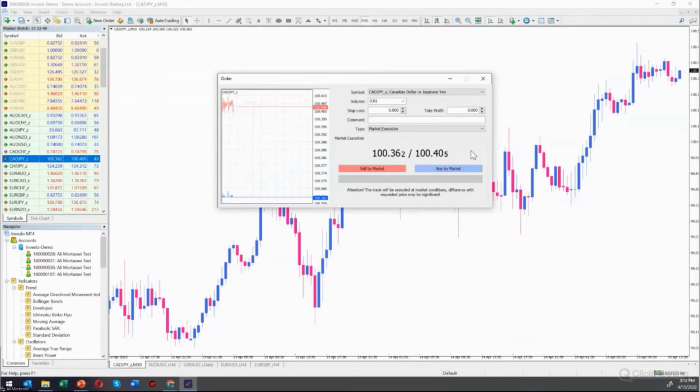But if you prefer to open your position at a very specified price based on your calculation or your strategy, you can use the instant execution, which means you want to take care of the price you enter the market at, because higher or lower than that price would not be suitable or preferable for you.